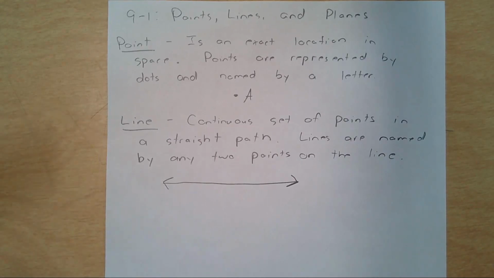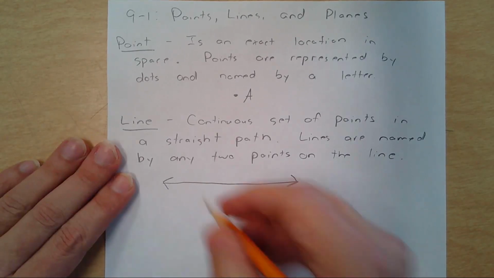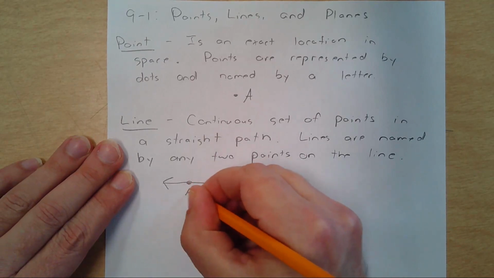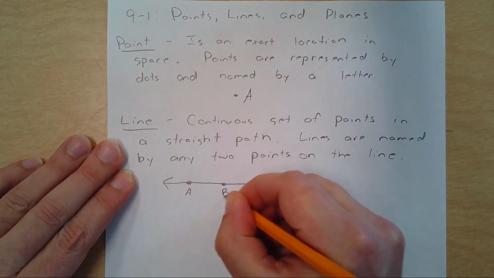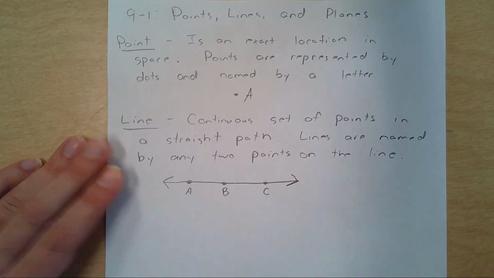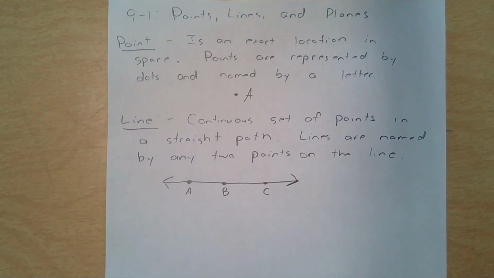And I could throw some points on my line here. Just put A, B, C. So this line has a couple different names that it could be. We could call it line AB, we could call it line AC, we could call it line BC. These are all acceptable definitions for the line.